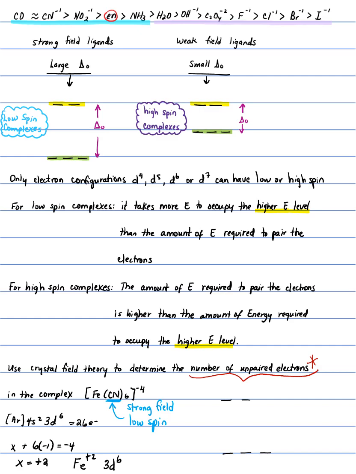So I have my 6 electrons in the d orbitals, right? I have my 5 d orbitals here represented showing the splitting between them. If this is a low spin complex, because you have a strong field ligand, we're looking at this part right here.